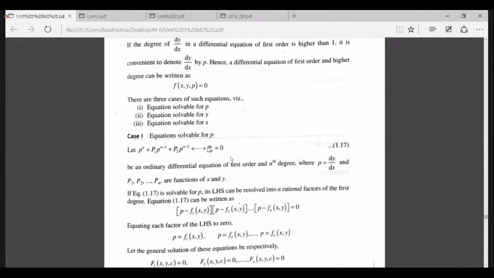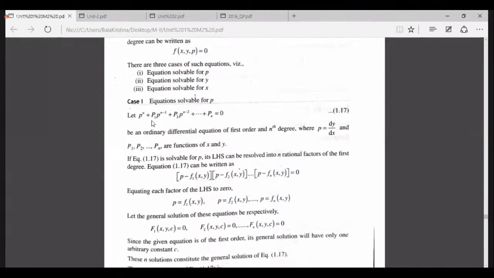Generally, for solving for p, you need to express the given differential equation, where p indicates dy by dx. So that is (dy by dx)^n, the power is n, the degree is n. So like that, this is a differential equation of first order and higher degree n.